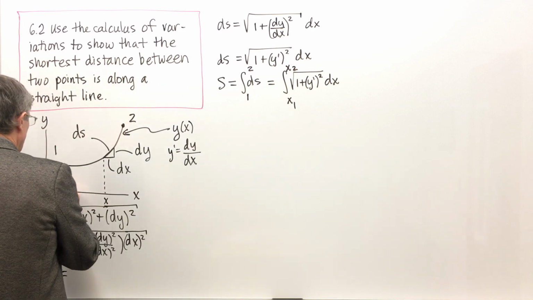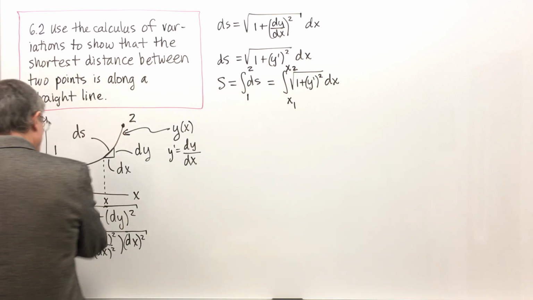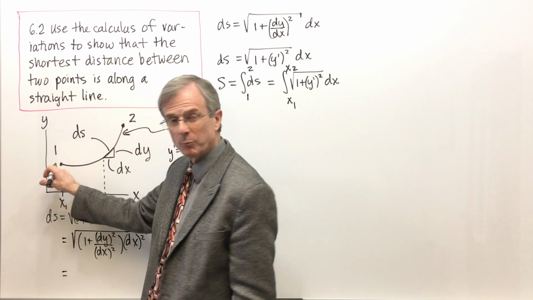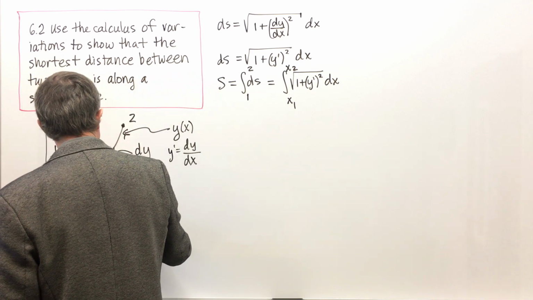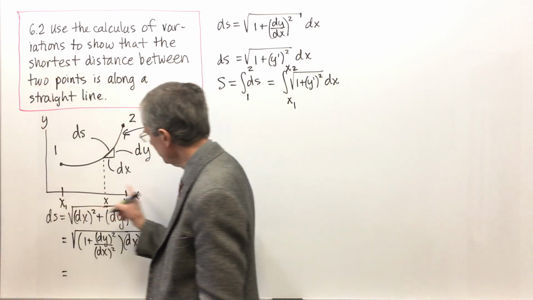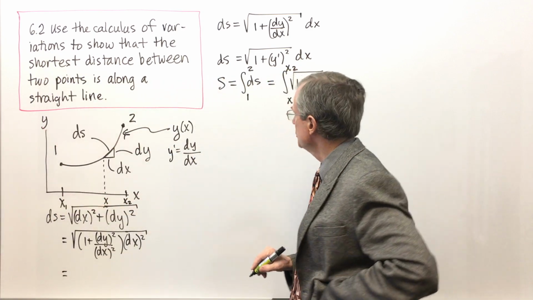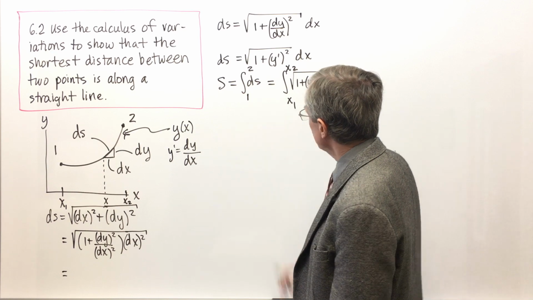So I'm going to be a little clear here. There's my value of x at point 1, and here's my value of x at point 2, and I'm going to integrate from 1 to 2. That's the integral that I want to do.